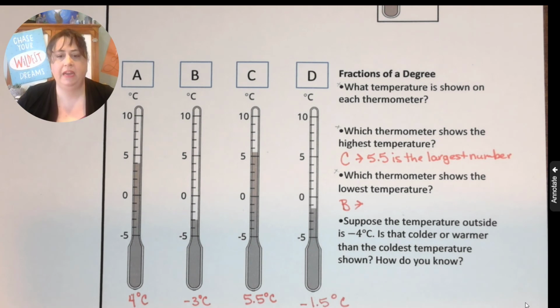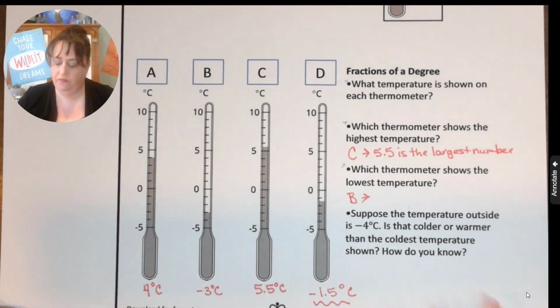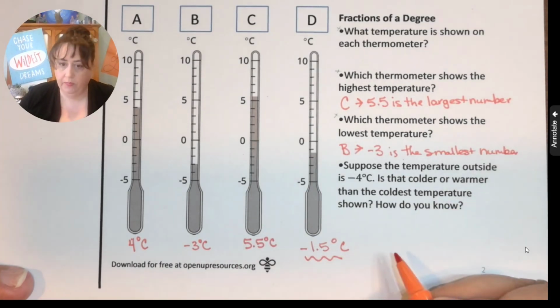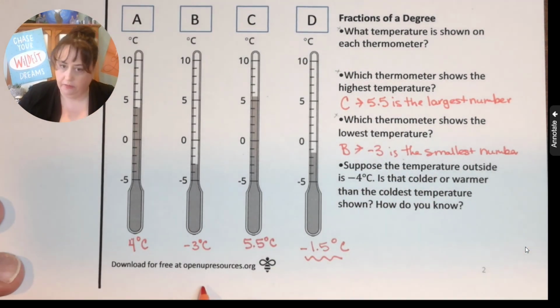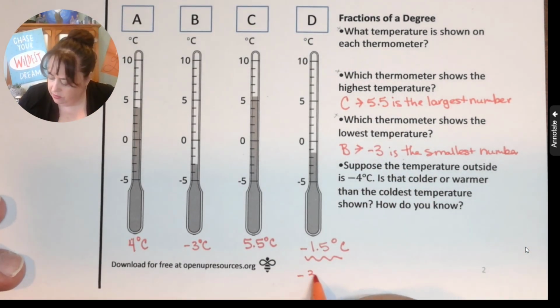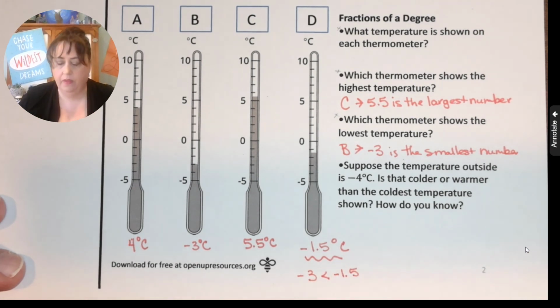So what does that mean about -3 compared to -1.5? It means -3 is less than -1.5. Let me say that again. Okay, I want you to pay attention. We're going to write that right here. -3 is less than -1.5.